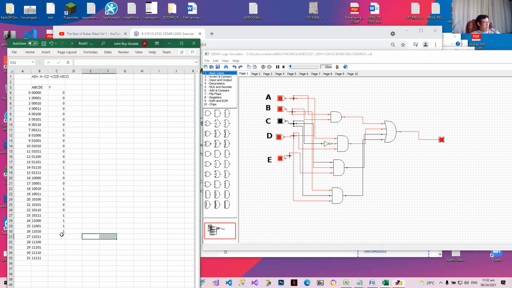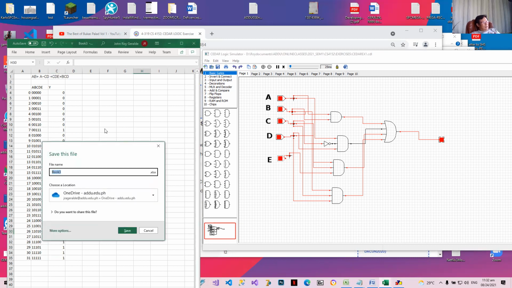This is also another 1. 1 1 0 0. It's also another 1. Then we'll have 1 1 0 1. So, and then we'll have 1 1 1 1 0. This is 1, this is 0. Okay, this is still a 1. Ang dami ng 1. And then finally we'll have 1. It's a 1. Okay.